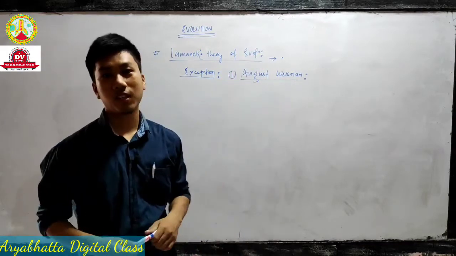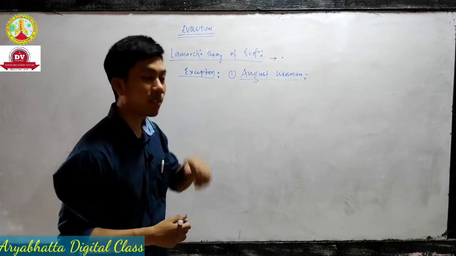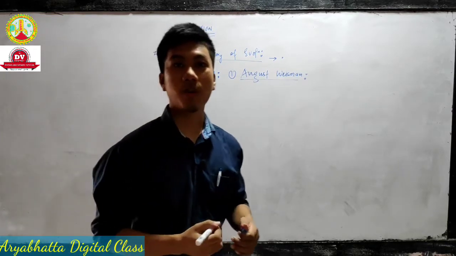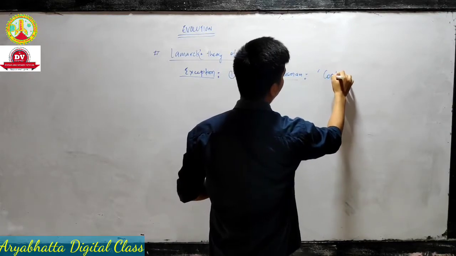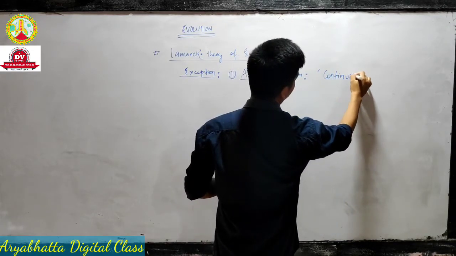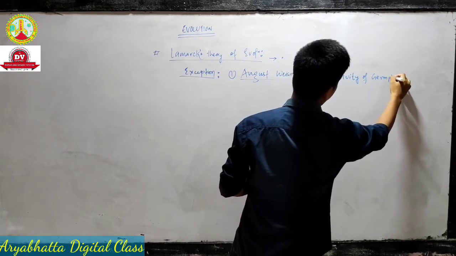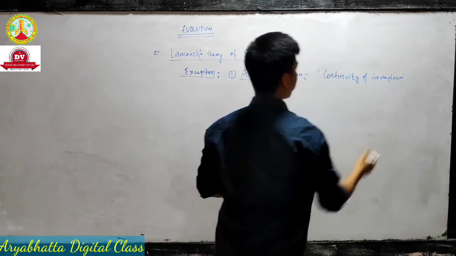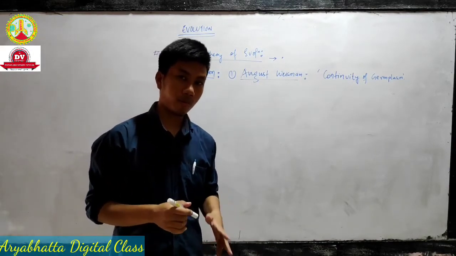So August Weismann postulated another theory. His theory is known as continuity of germplasm. Remember, okay? His theory is known as continuity of germplasm. All those are important from the entrance point of view.